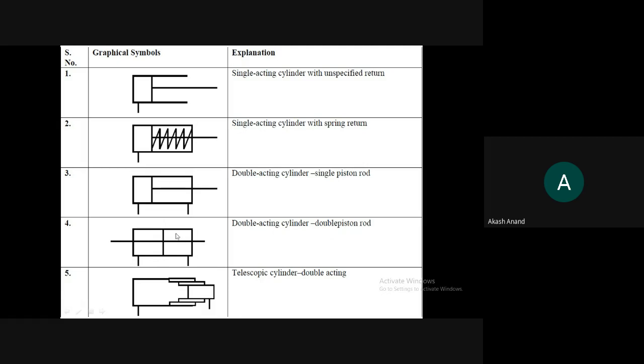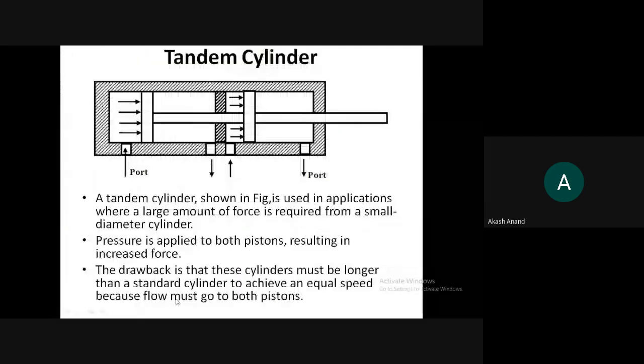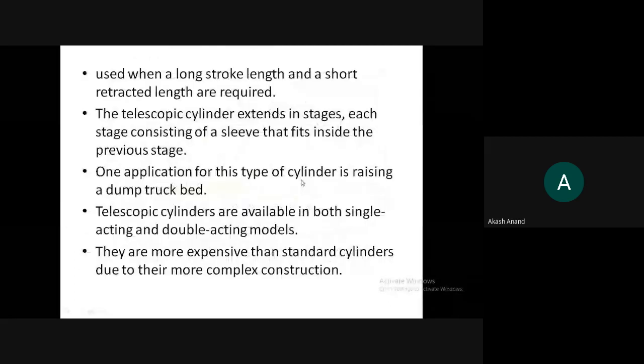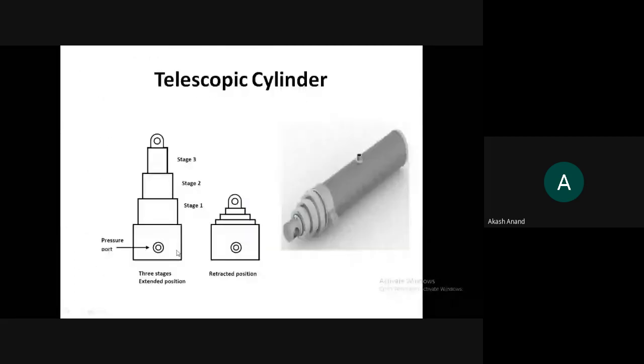We already discussed all these types of actuators. Coming on to the telescopic cylinder, or double acting telescopic cylinder, you can see that there are different sleeves here. As we discussed just before, it has different stages of operation with the help of sleeve arrangements.